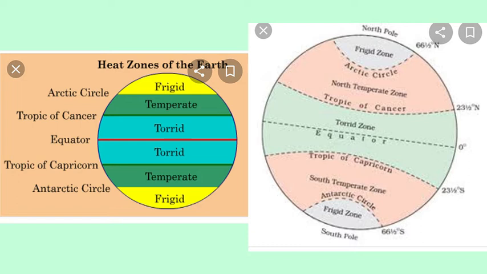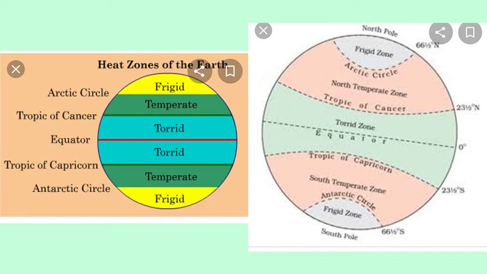So this region on either side of the equator, lying between the Tropic of Cancer on one side and the Tropic of Capricorn on the other, is known as the torrid zone.